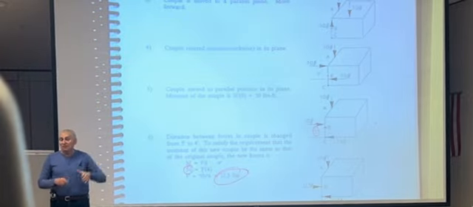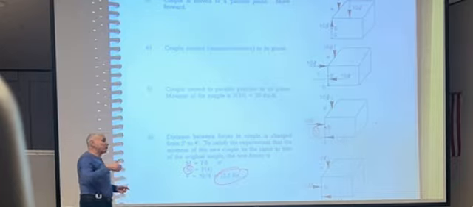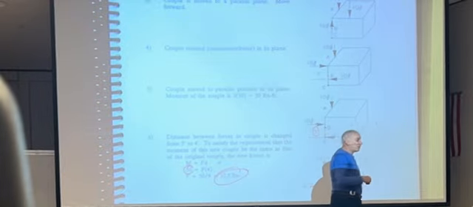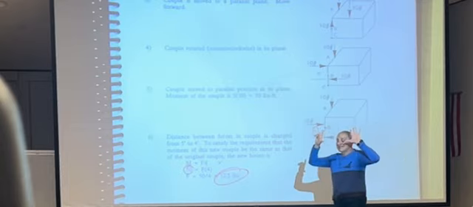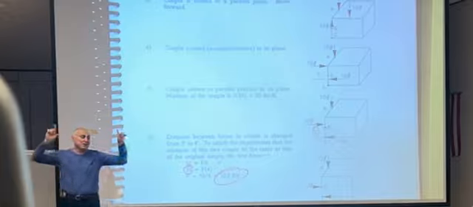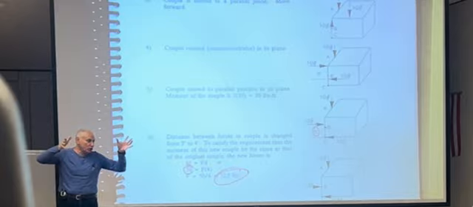Right? 6, principle of transmissibility. 7, lateral transfer theorem. So you have seen 7 of the 12 already.